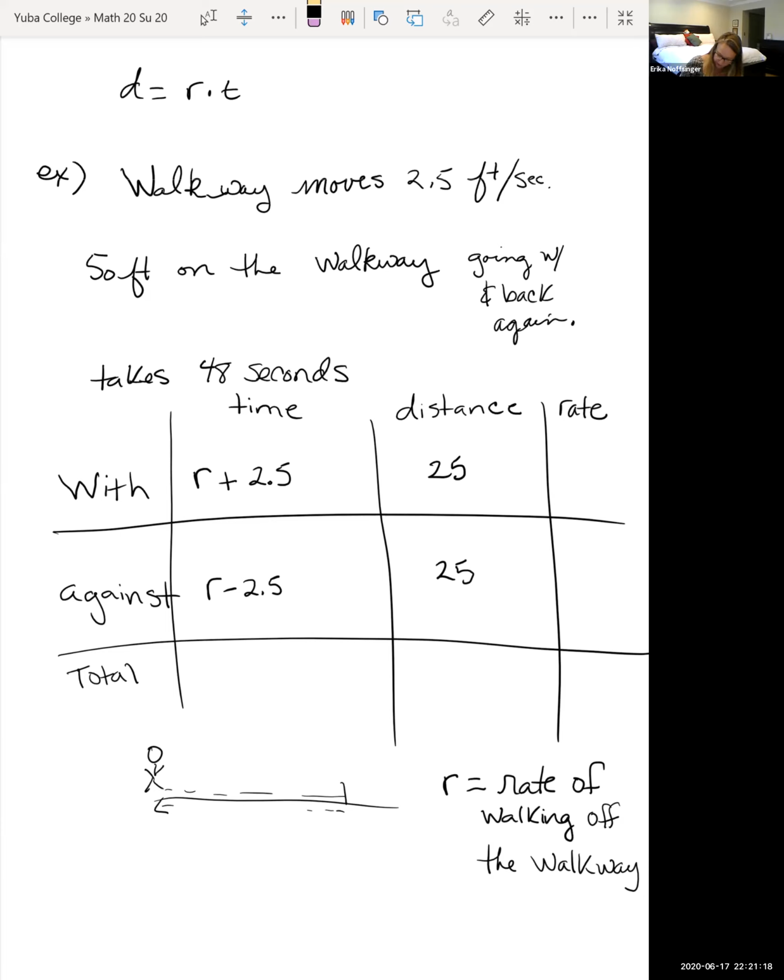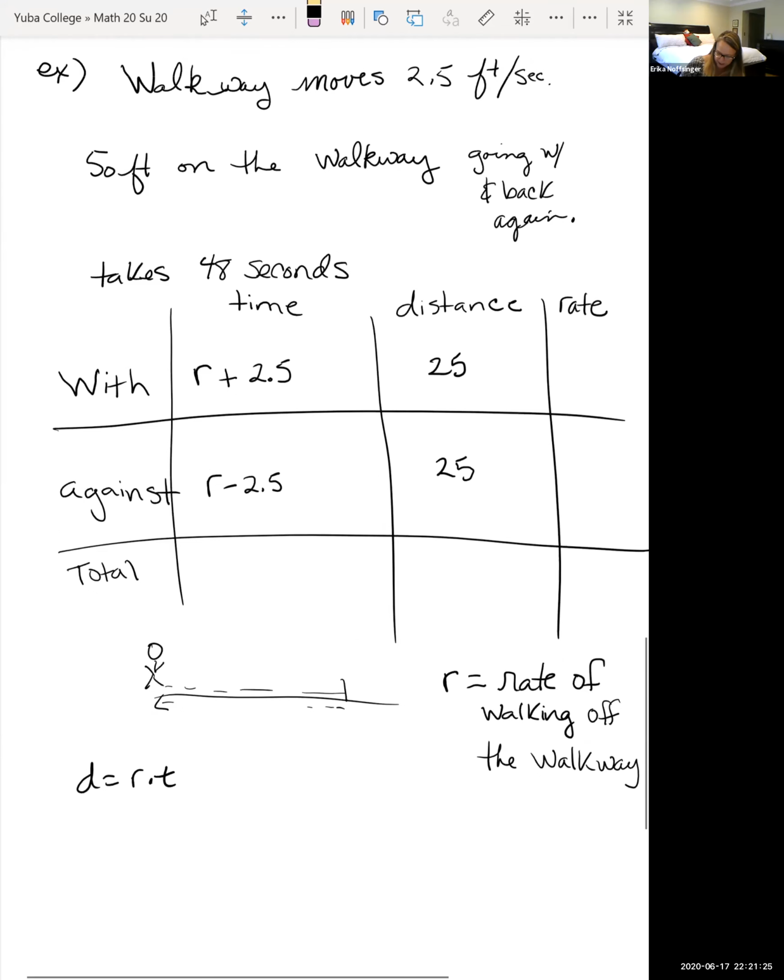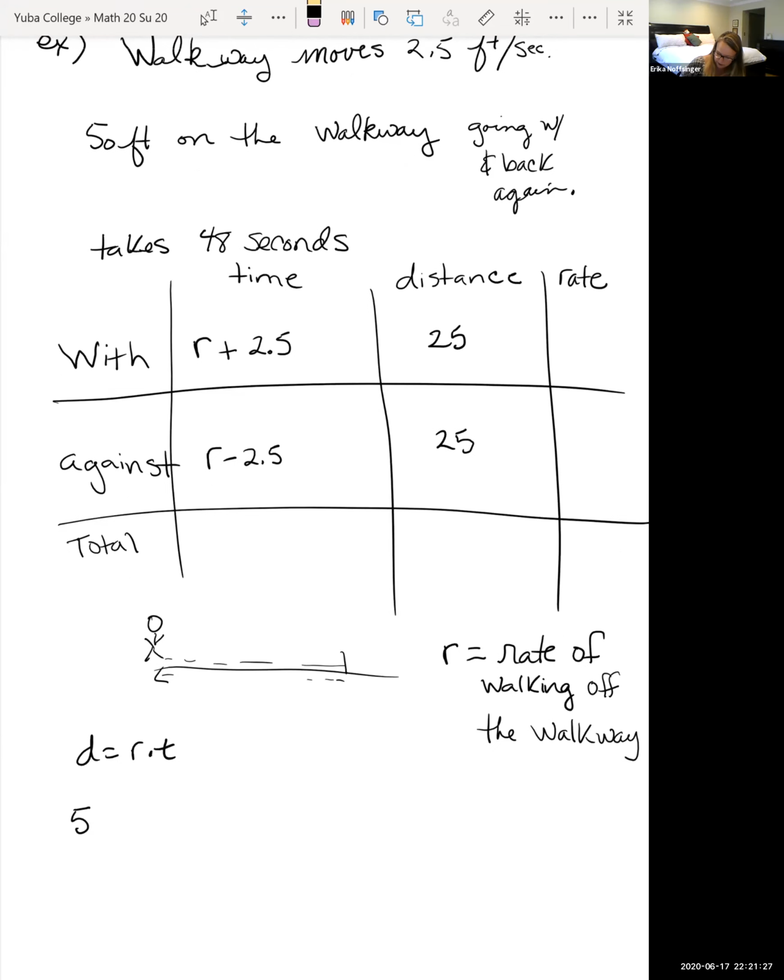So distance equals rate times time. We know we have a total of 50. Let's see. Let me do this. Wouldn't the R plus 2.5 and minus 2.5 be under rate, or am I wrong? Yeah, I just noticed that too.